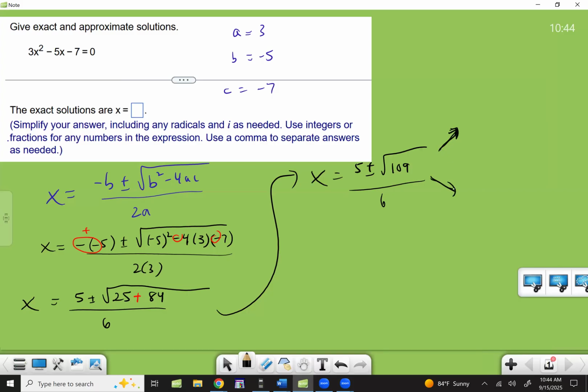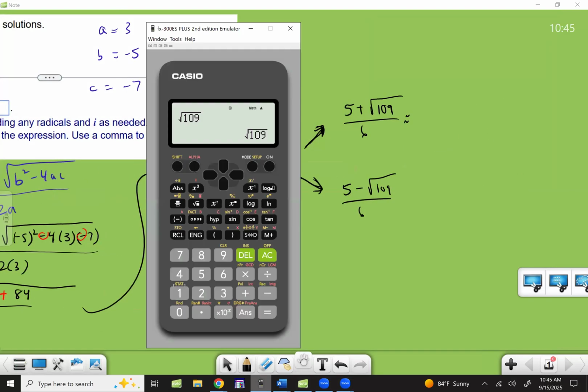The first one being the plus case, and the second one being the minus case. We're going to have to put these into the calculator and round to the thousandths place.